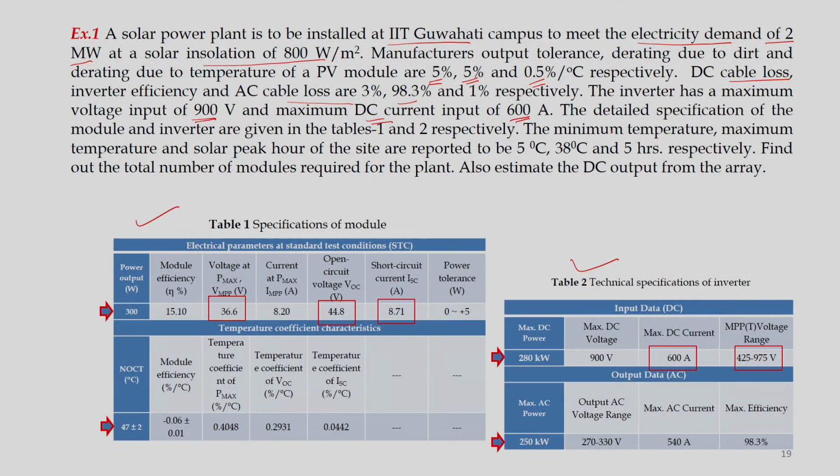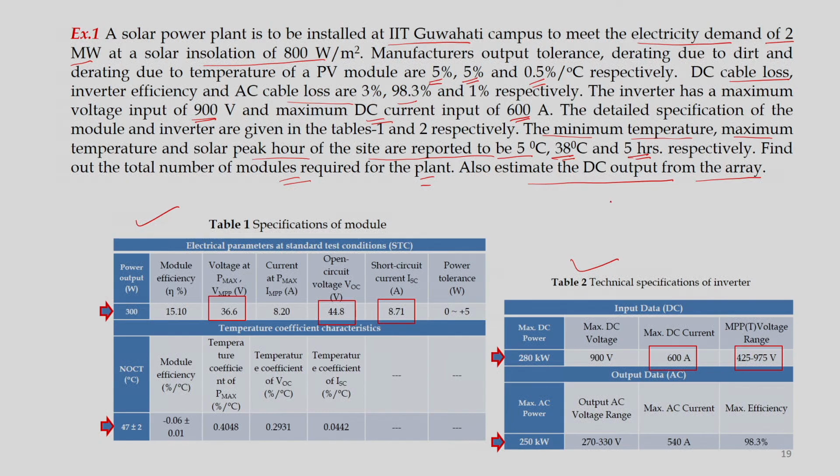Also it is given that the minimum temperature, maximum temperature and solar peak hours of the site are 5 degree, 38 degree and 5 hours. So, find out the total number of modules required for the plant, and also we need to estimate the DC output of the array. So, we need to solve this problem now.